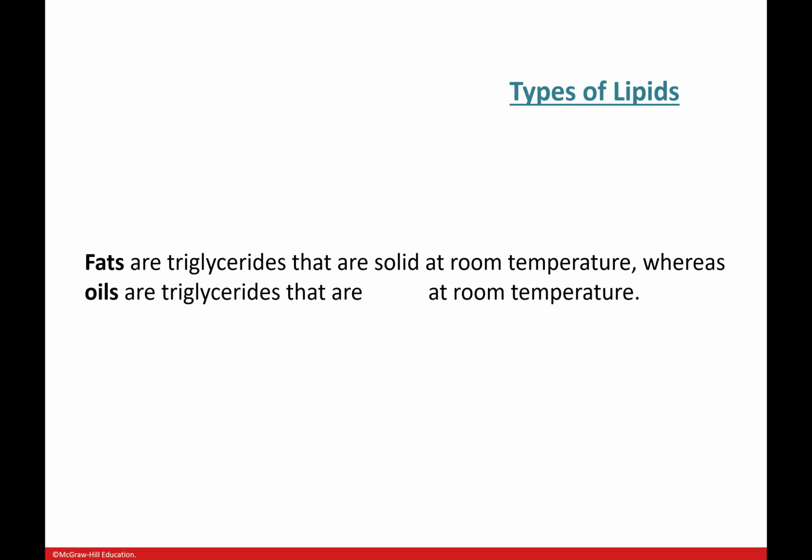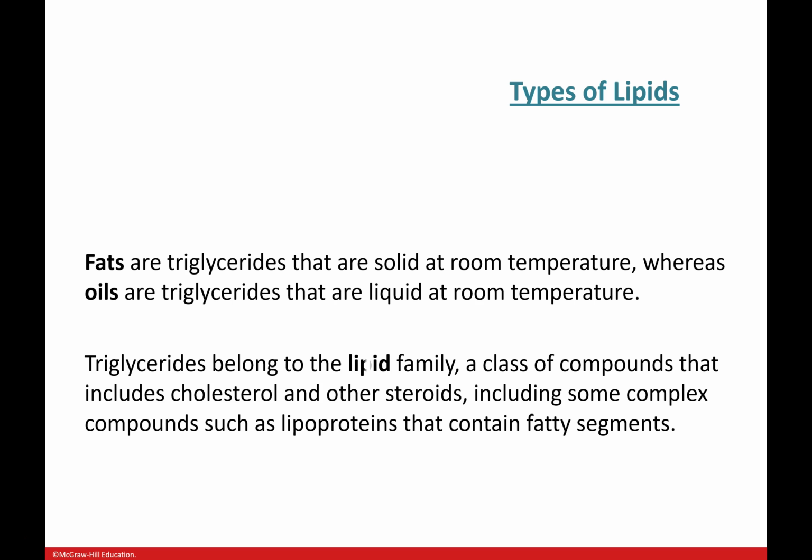So fats are solid at room temperature and oils are liquid at room temperature. They're both triglycerides. Triglycerides are a subgroup of lipids, L-I-P-I-D. So lipids can be things other than triglycerides.